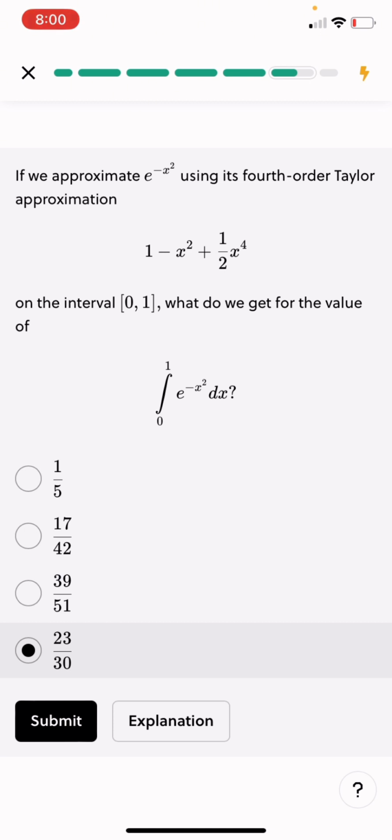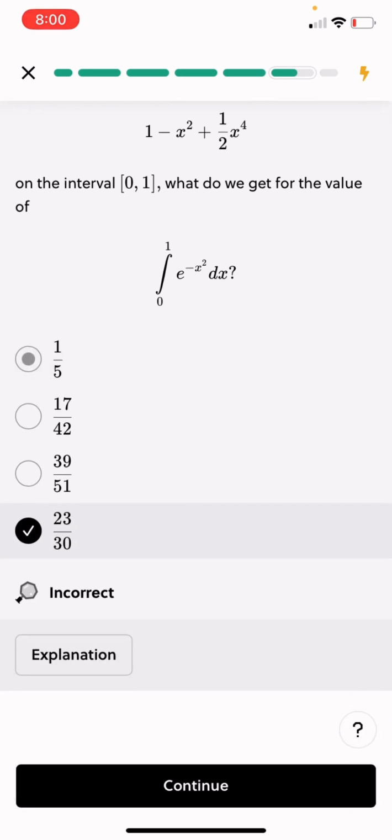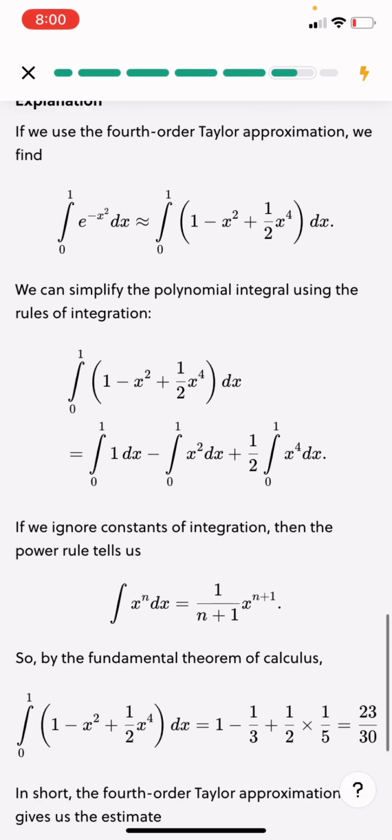I don't know, this seems quite confusing. It seems like plus, I think it'd be 1 over 5. Of course, I was close though. Not really that close, but that's the estimate.